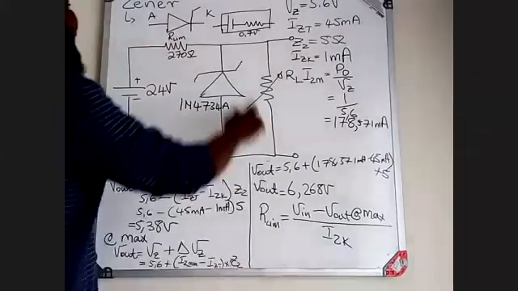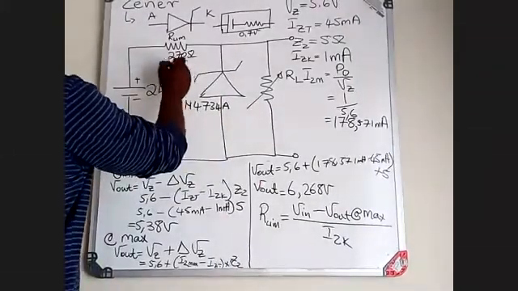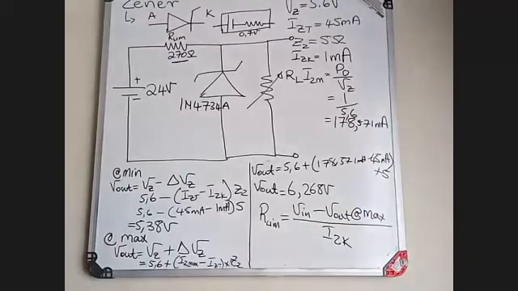But now, because it is given, which means we're going to use it as it is, we need to find the total current of the circuit.